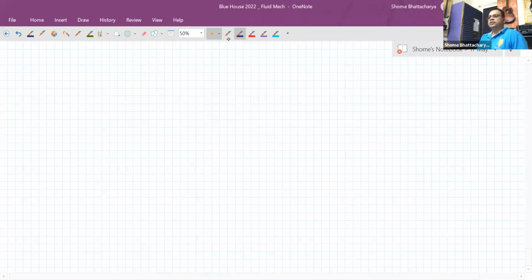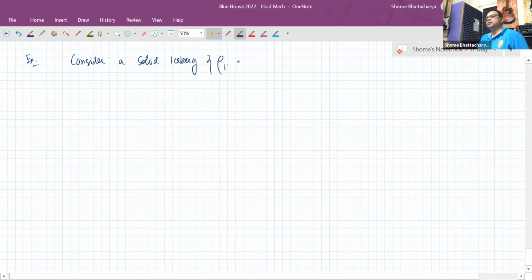Okay, so a good example of this is the case of a floating iceberg. Okay. Consider a solid iceberg. So when we consider an iceberg, the density of ice we know is 0.9 gram per cc, floating in pure water, not sea water.